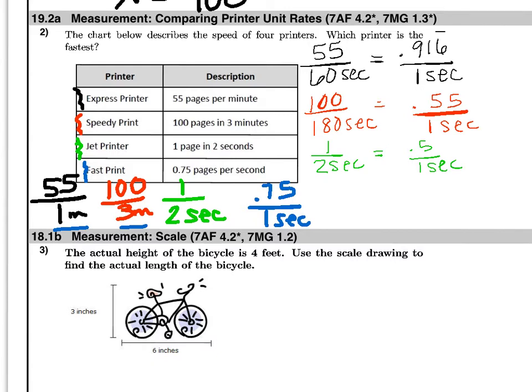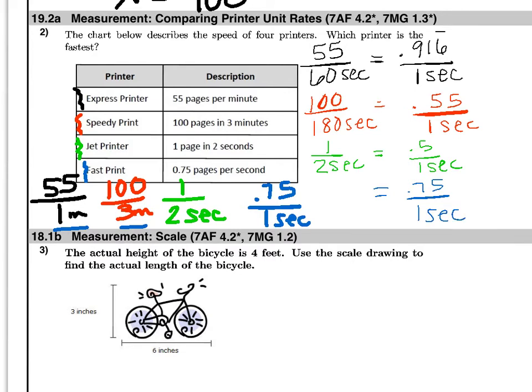If it's 1 page in 2 seconds, then he can do half of a page in 1 second. All right, and the blue guy is the guy that we can leave alone. He is 0.75 in 1 second.